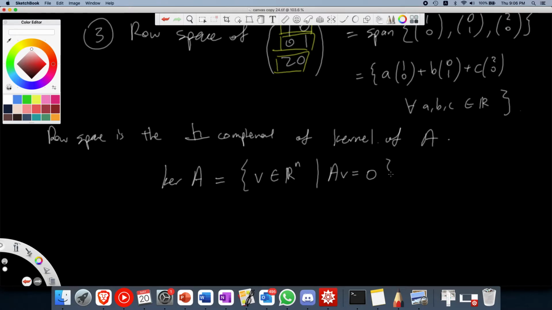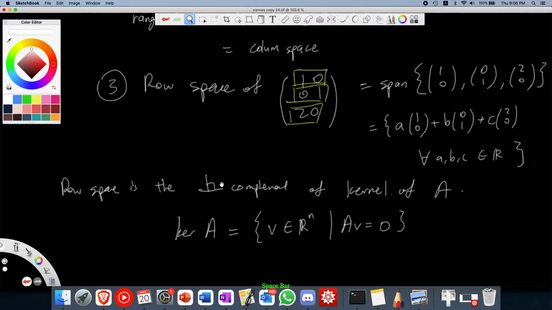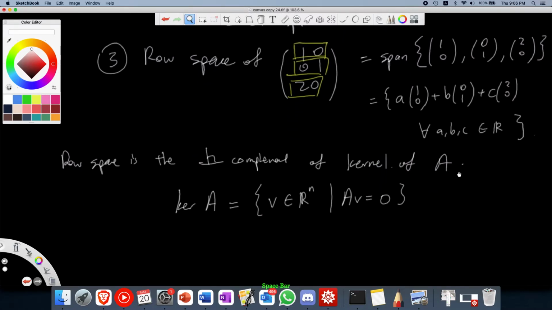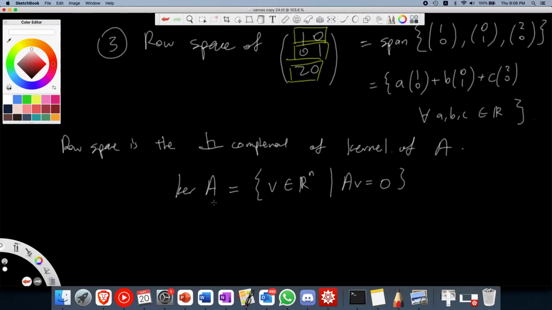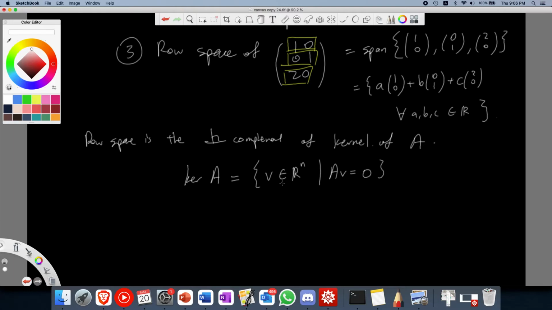What this means is, in our example, the only vector that is mapped to 0 is actually the 0 vector, and that gives us 0, 0, 0.